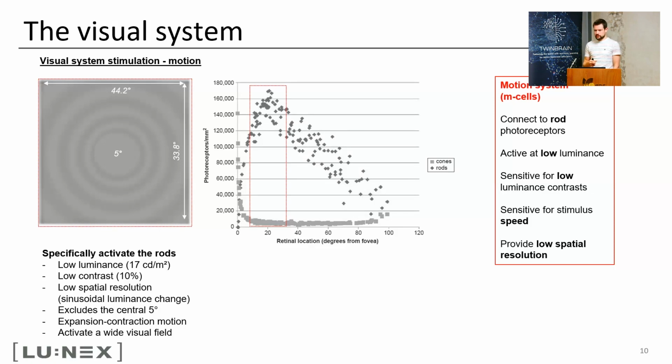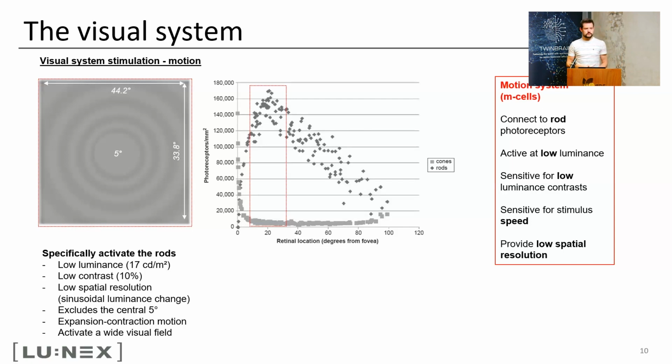Okay, so in our experiment with 50 centimeters of distance between the person's eyes and the screen, we have around 44 by 33 degrees of the visual field that is active. And again, if you have a look at the distribution of the M cells, dependent on the eccentricity, then we see that the peak that is around 20 degrees of eccentricity is well covered here. Okay, so just to improve the activation of the M cells.